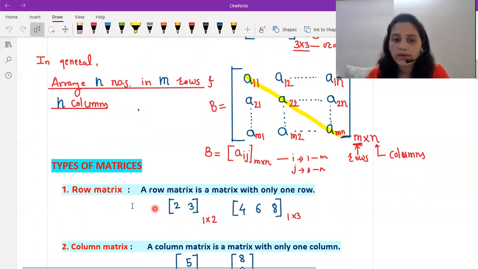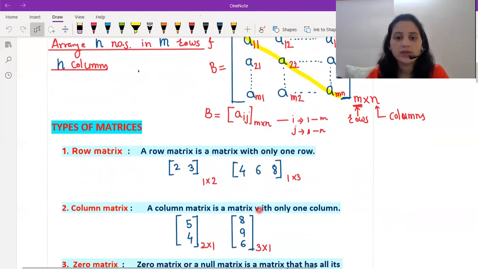It contains only one row, so I write 1 cross 2, where 1 is the number of rows and 2 is the number of columns. Now this example, 4, 6 and 8. This is a row matrix because it contains only one row, and the order of this matrix is 1 cross 3.